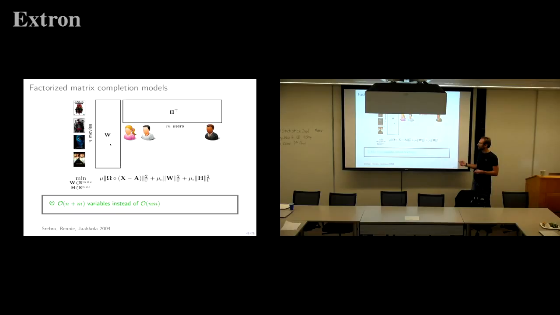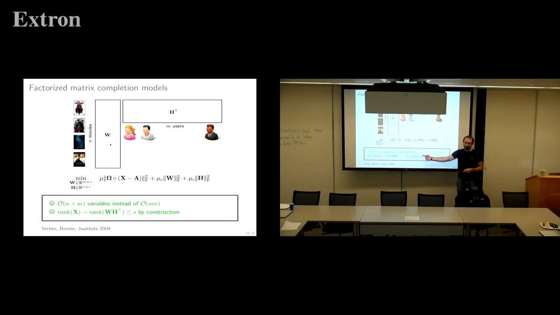And the rank is bounded by construction. Because anyway you are looking for a low rank matrix, here you just put an upper bound on the rank. And you can show that the minimization of the nuclear norm can be replaced by the minimization of the standard Euclidean norms of the factors.